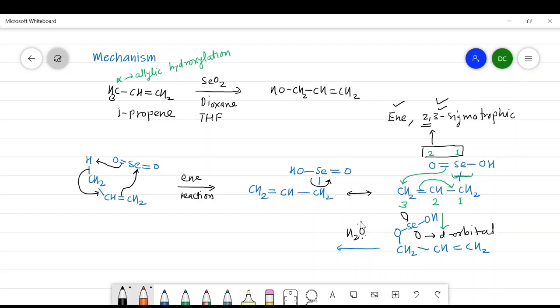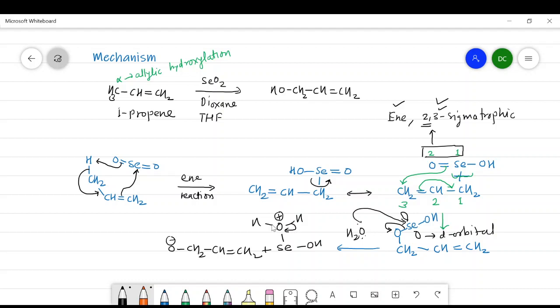That's why the oxygen attacks this selenium, and there is a breaking of this selenium-oxygen bond, and we get CH2, then CH double bond CH2 here, and an O with a positive charge. Selenium is attached with an OH group here, then H, and here H. Oxygen contains a positive charge.